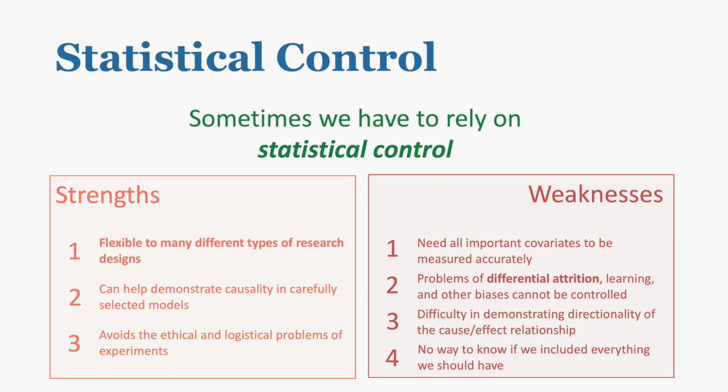There's difficulty in demonstrating directionality of the cause-effect relationship. This can be helped if there's more of a time element, a pre-post design, something like that. And there's no way to know if we included everything we should have. And that is one of the most difficult things, is you never know if you missed something.